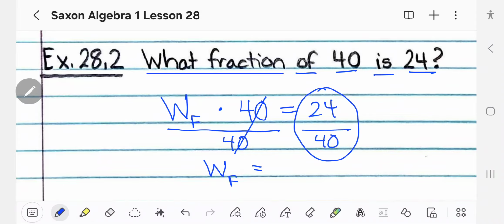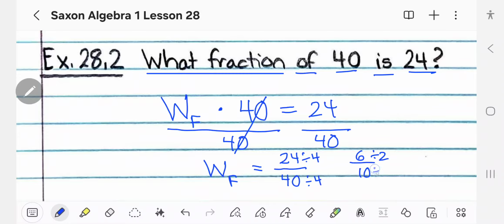It is going to end up being a fraction, so let's just write it as a fraction. But we know that fractions need to be simplified. So let's divide the top and the bottom by 4. I think there's a bigger number. We'll start with 4. 6/10. Let's divide it by 2. 3/5.